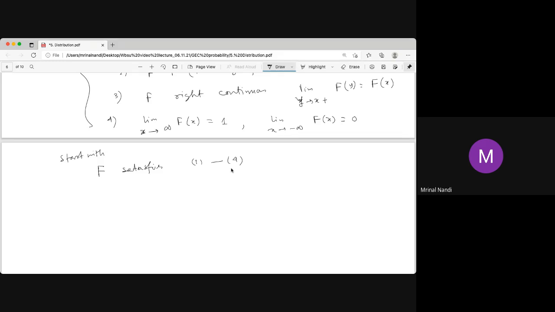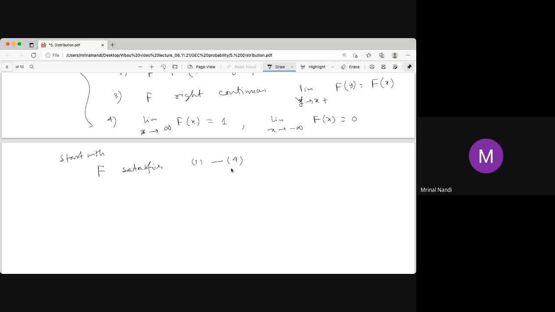So we start with a random experiment, omega, script F, all such random variables, and we end with that f with some properties, the four axioms. We can prove that actually.